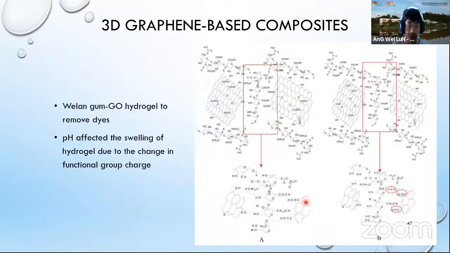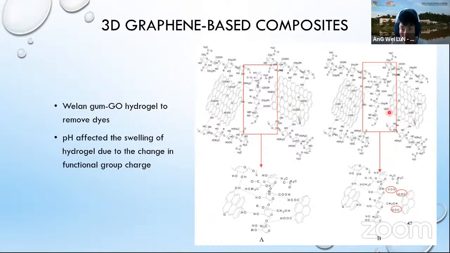And then, okay, this is another case about the hydrogel of the graphene oxide, the modified graphene oxide hydrogel. This shows the pH affected the swelling of the hydrogel. In the alkaline environment, most of the carboxyl groups are dissociated and we generate the carboxylate ion.